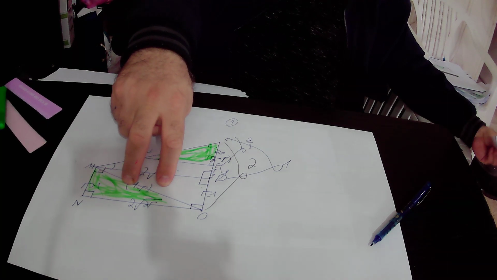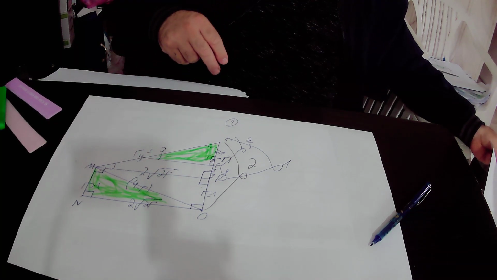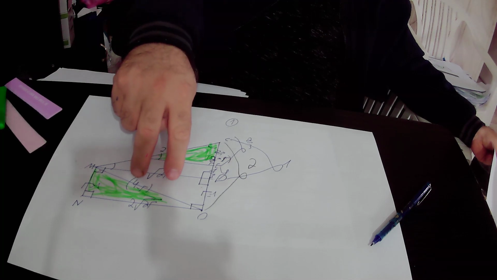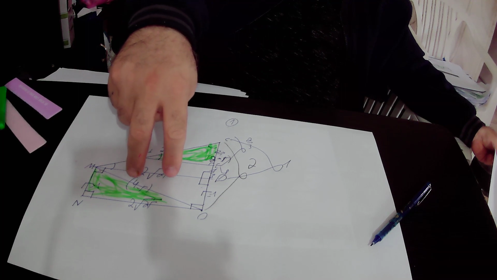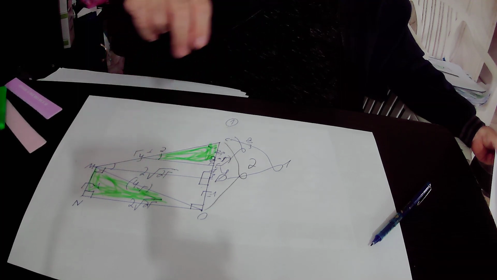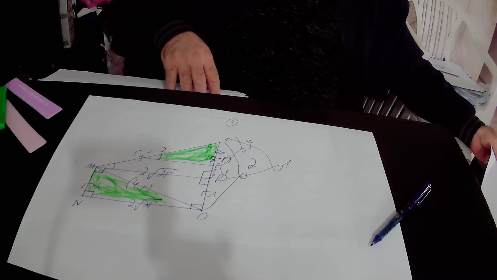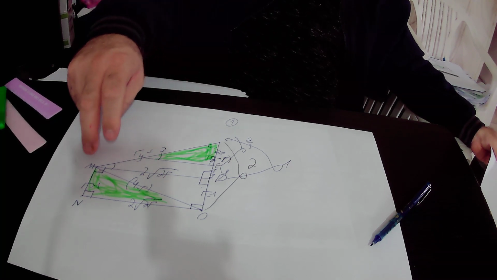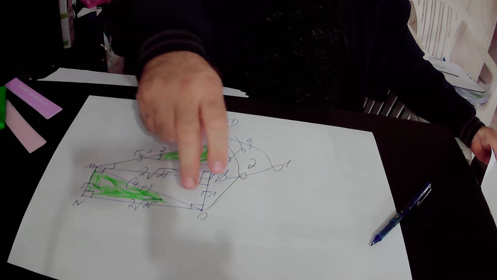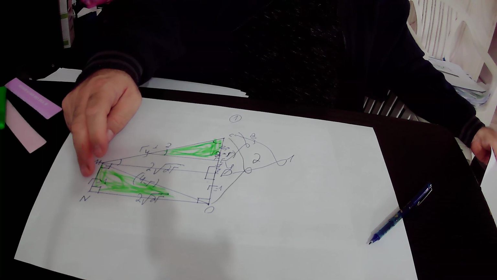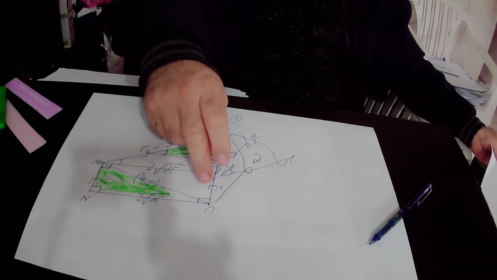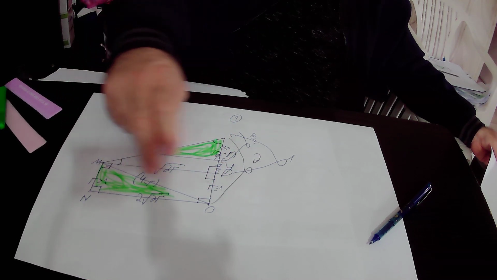Any quadrilateral that has 4 right angles must be at least a rectangle, if not a square. So quadrilateral MNOD is at least a rectangle, and in a rectangle we know that the opposite sides are equal to each other, that is to say MN equals DO, and we know that MN is the radius of the small circle, therefore it equals R, so DO will also equal R because the opposite sides of a rectangle are equal.